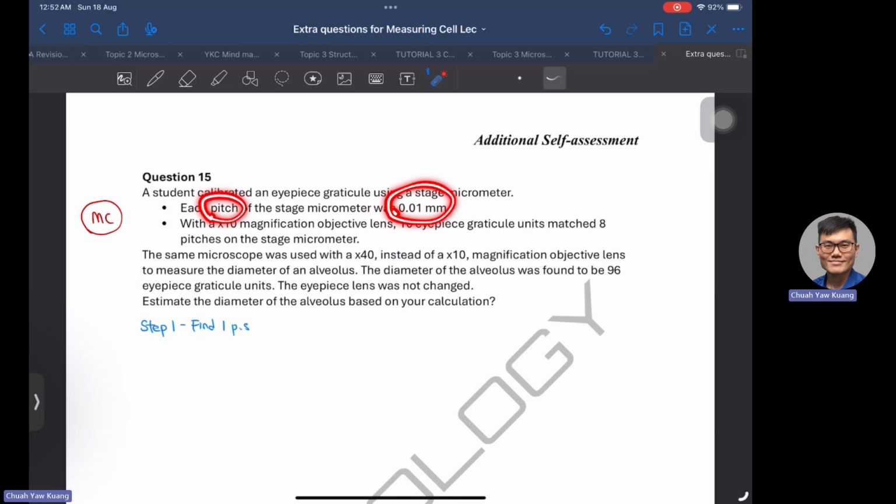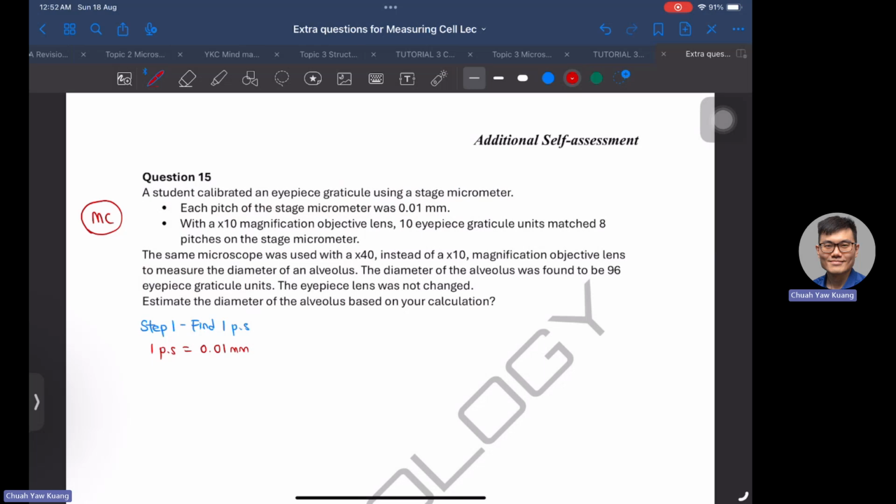So for this step, you don't really have to calculate. But because the unit given is mm, we will just convert this millimeter to micrometer. One pitch on the stage micrometer is equal to 0.01 mm.